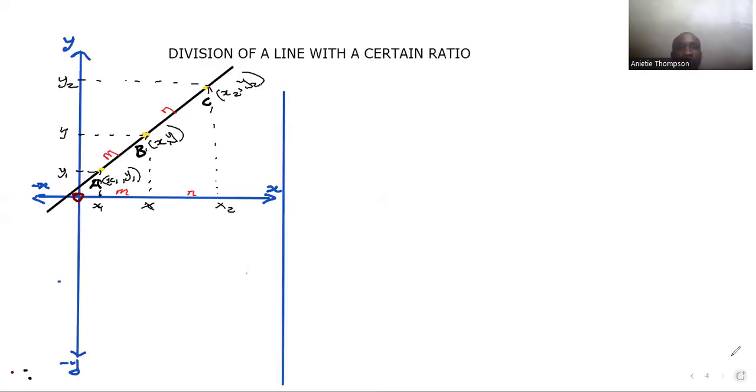I've designed a model for that problem. I've designed my coordinate geometry plane using my XY plane that you are very familiar with.